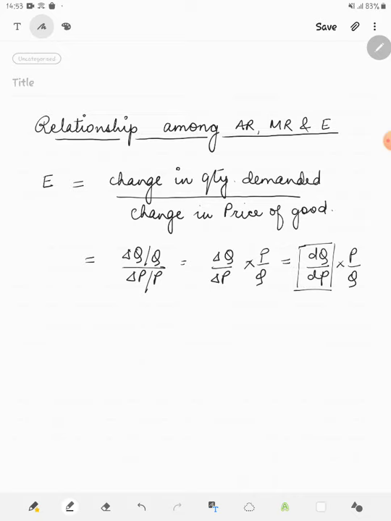P and Q being the initial or original price and quantities respectively. Now we'll keep this equation, E is equal to dQ by dP into P by Q, and remember it because we'll need it later on.